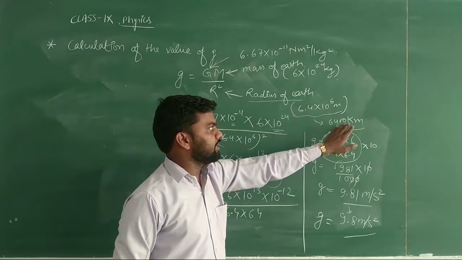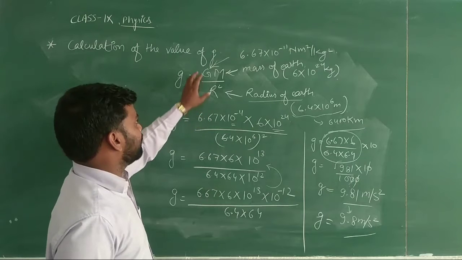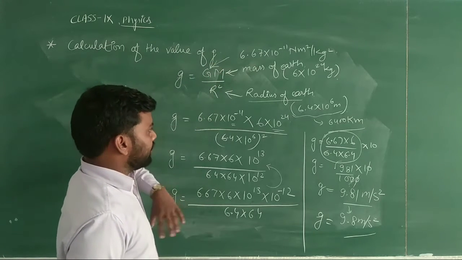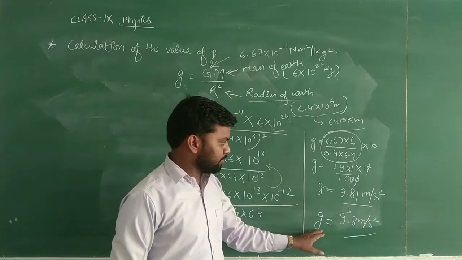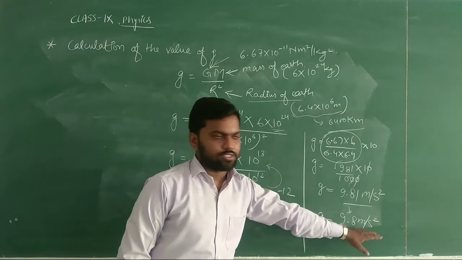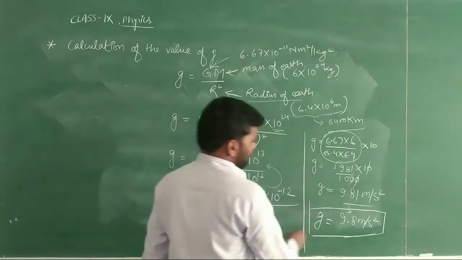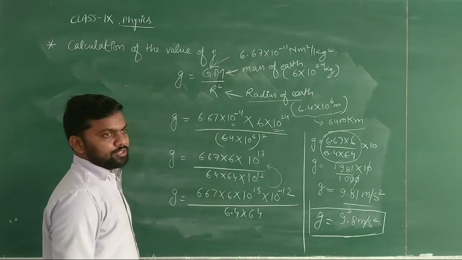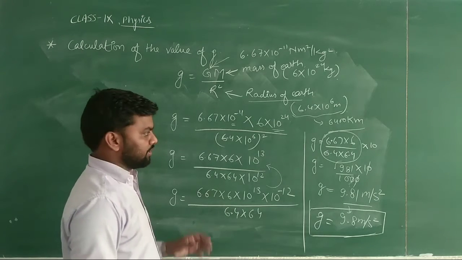We can write it in kilometer also. Placing the values, we get g equal to 9.8 meter per second square. It varies on different positions of the earth also, which we will discuss later on.